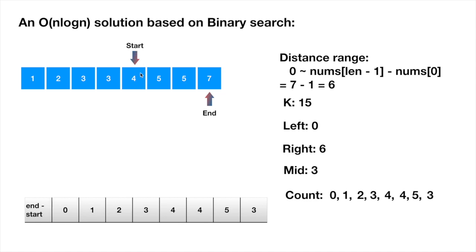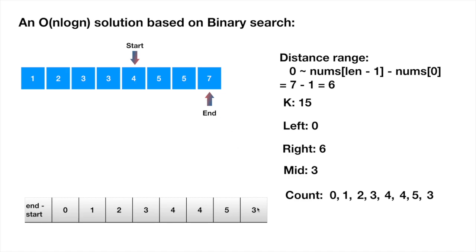element 4. In this situation, the upper bound is 3, which is equal to the mid, so the largest distance is 3, and the count in this situation is 3, and we have 3 newly added pairs of distance: 4, 7, 5, 7.